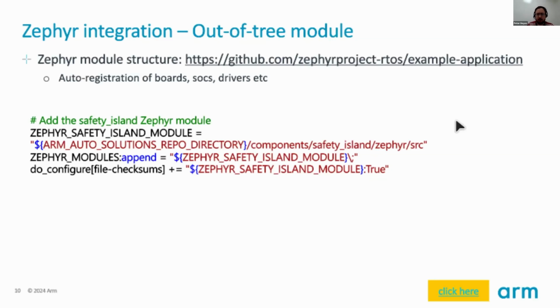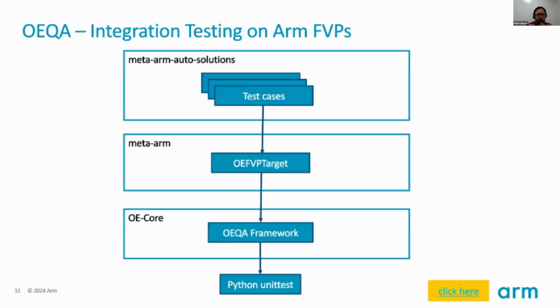The next topic on the menu is OEQA. So OEQA, as I mentioned earlier, stands for the Open Embedded Quality Assurance Framework. We use this extensively in our stack to validate our use cases. And this diagram shows the basic structure of our test framework.